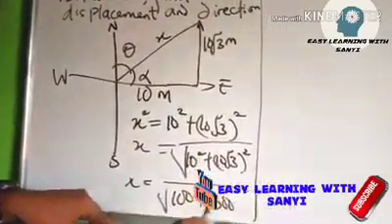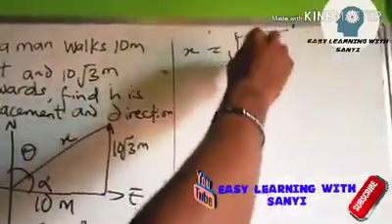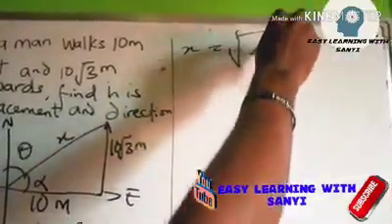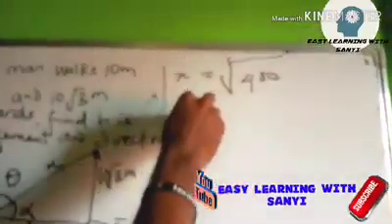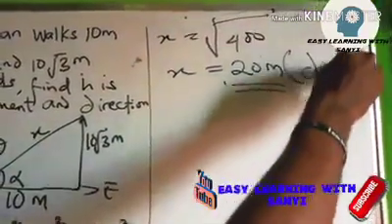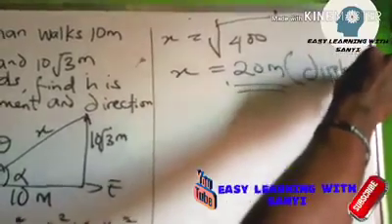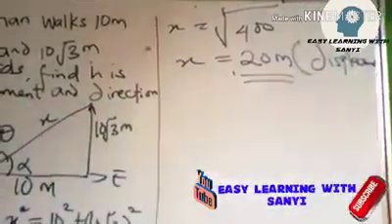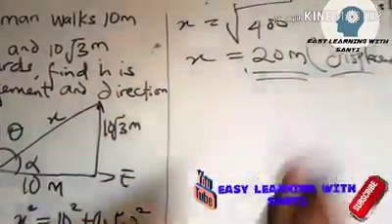Then x equals root 400, and root 400 is 20. It means that x is 20 meters. This is the displacement of the man.